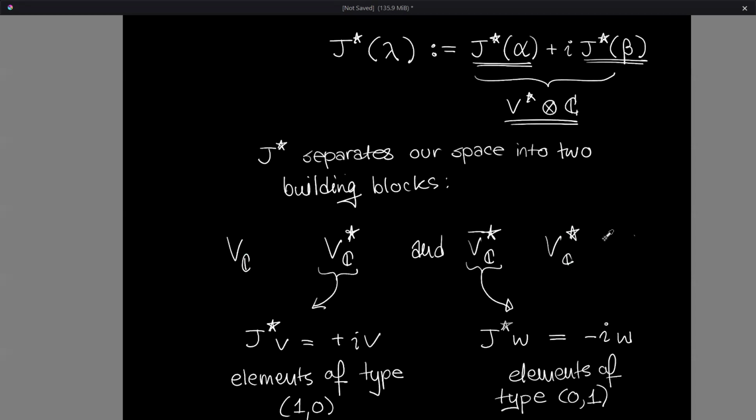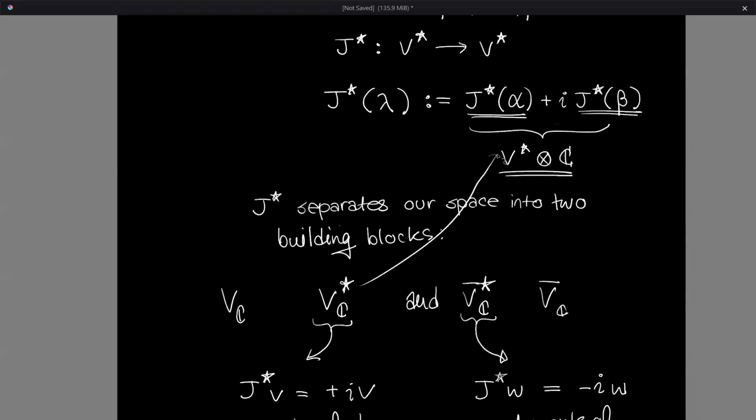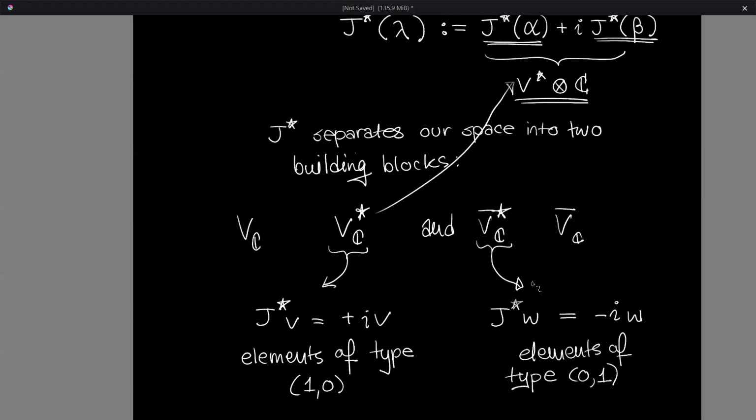Sorry, VC bar. I added the star because these are actually related to V star. So it's reminding us that what we have in these spaces are covectors and not vectors. That is not standard notation, and you can always use VC and VC bar if you'd like. But I just wanted to remind everyone in the notation that these are spaces of covectors.